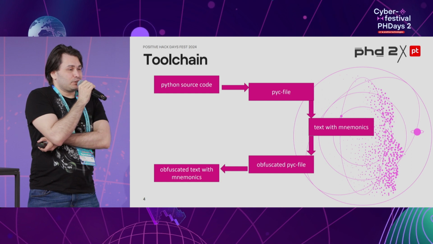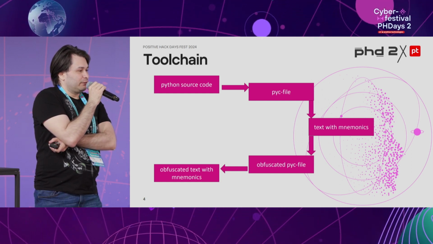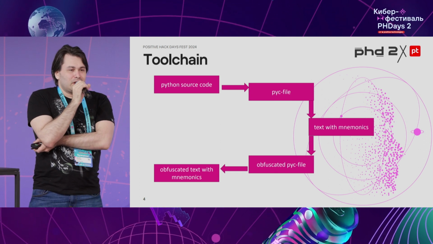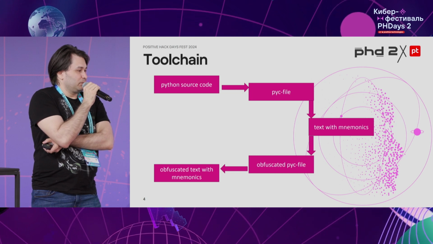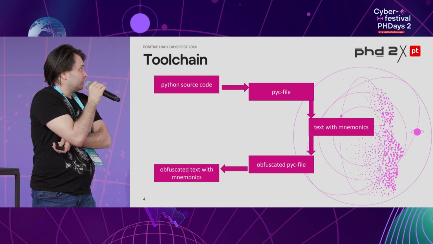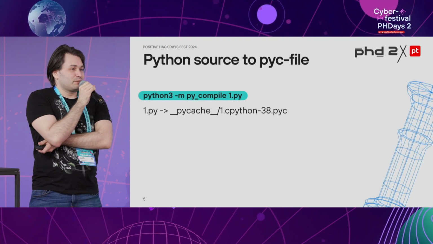How did I do it? First of all, we need to copy the source code to the PYC file, then into mnemonics, then we obfuscate mnemonics, and then we compile it back into the obfuscated file.